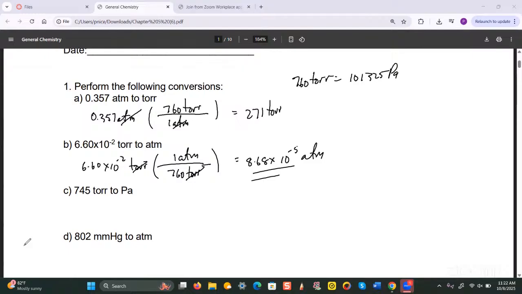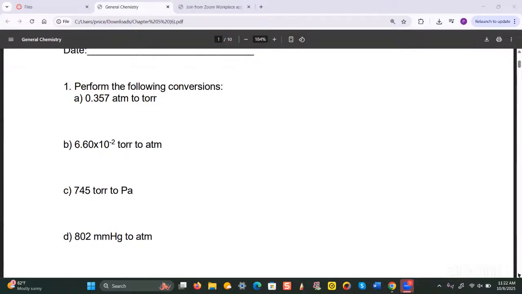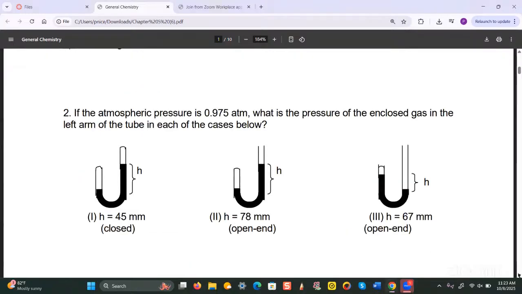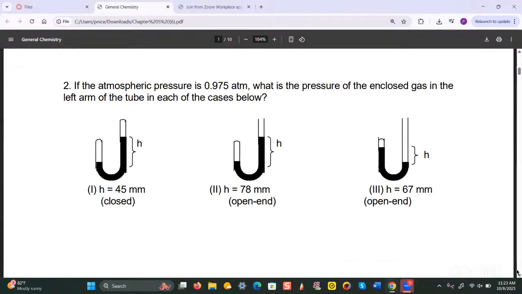All right, so let me clear this now and scroll down. Okay, now we did some examples in class similar to what we have here, right? So let's read the question. The question says, if the atmospheric pressure is 0.975 atmospheres, what is the pressure of the enclosed gas in the left arm of the tube in each of the cases below?